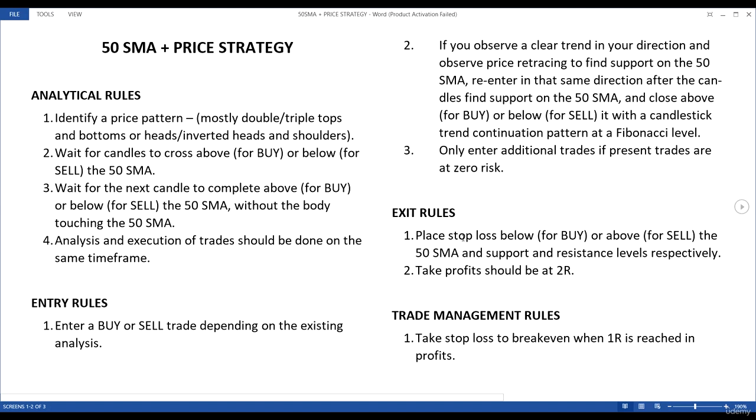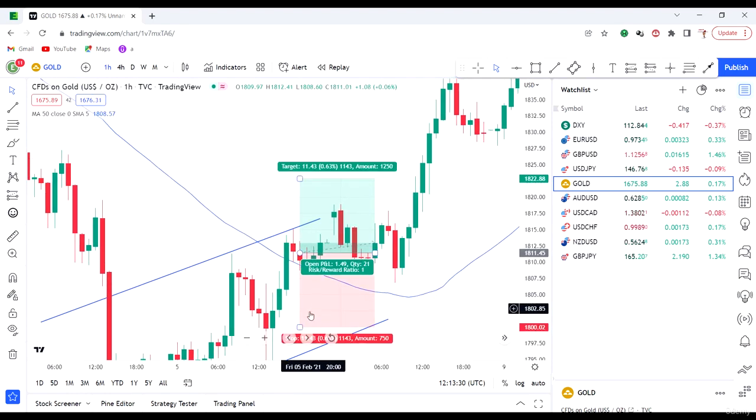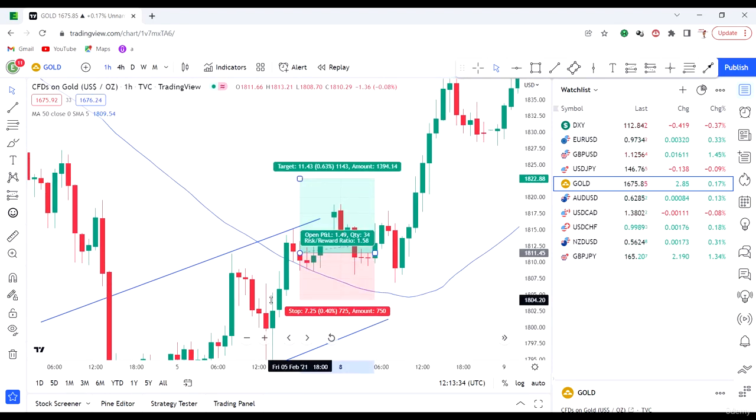Place stop loss below for buy or above for sell the 50 simple moving average and support and resistance levels respectively. And take profit should be 2R, right? So our stop loss level should be somewhere around here. Remember we'll try to risk as little as possible.